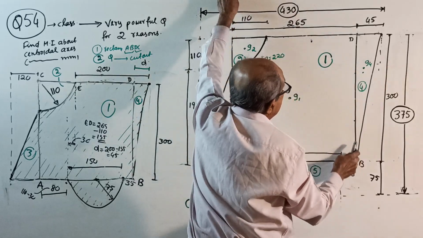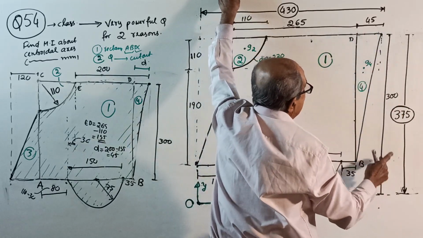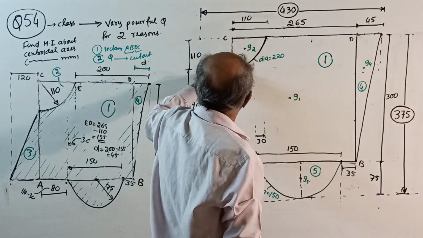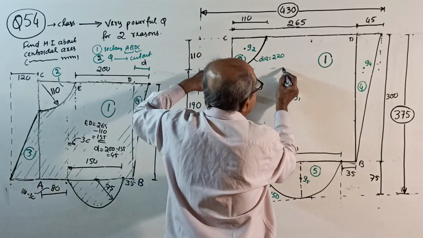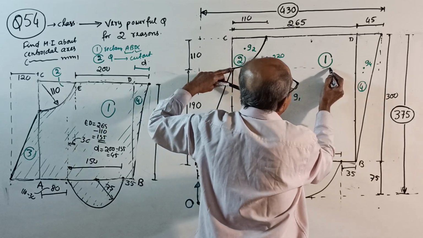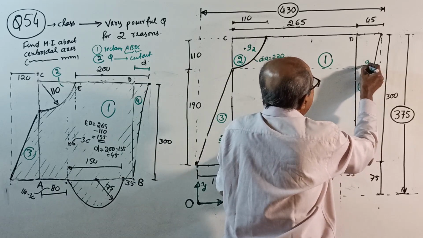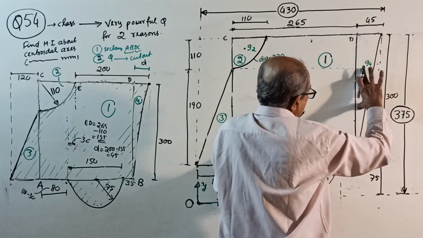G4 because this is 1/3 of 300. 1/3 of 300 is 100. This is 110. Therefore, if you go to this level, your G4 is very slightly above 1/3. Now it is a little out of scale, what to do?